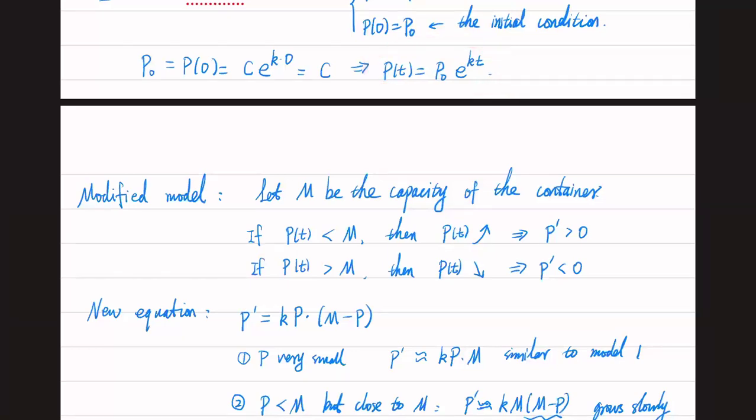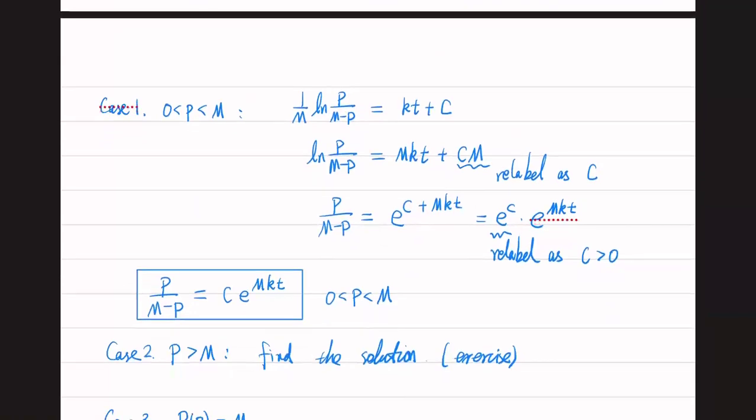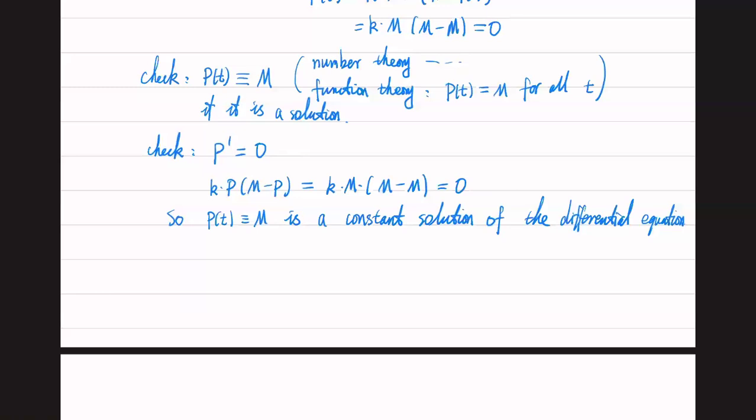Normally we expect the solution of a differential equation to be a function that changes in time. But in this case, we have a very special one. It's not changing at all. So we give it a special name. It's a constant solution, but we call it an equilibrium solution.